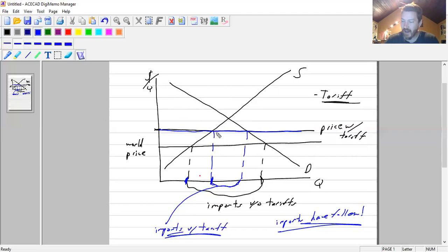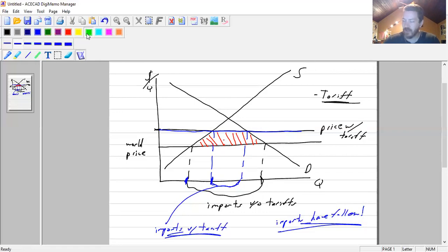So this area is the loss in net benefits to society, at least in a preliminary sense. This is the loss based on the tariff, okay? But you have to remember the weird thing. The weird thing is we are now raising tariff revenue, right? We're charging this tax on imports, and so we're raising tariff revenue.